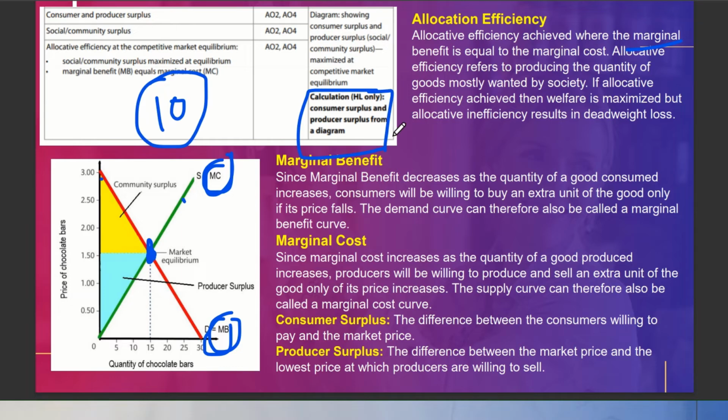They will give a table or some data and ask you to calculate consumer surplus and producer surplus. Definitely they will give a diagram with price and quantity information, and you need to calculate consumer surplus and producer surplus. We will see this next slide.